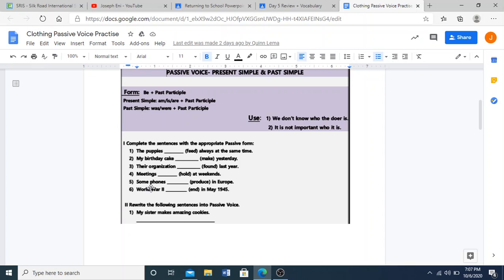Next, some phones are produced in Europe. Some phones are produced in Europe. And World War II ended in May 1945. Okay, World War II.